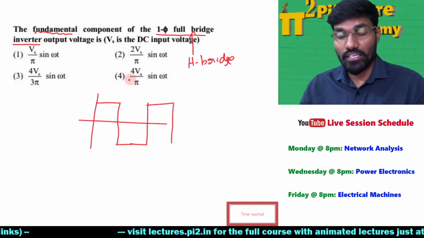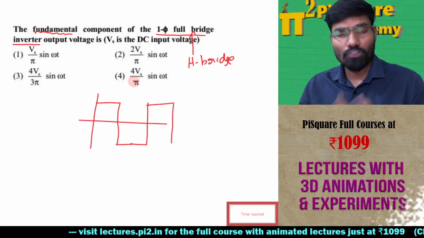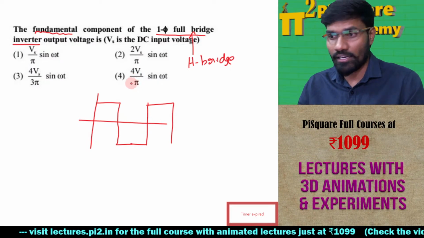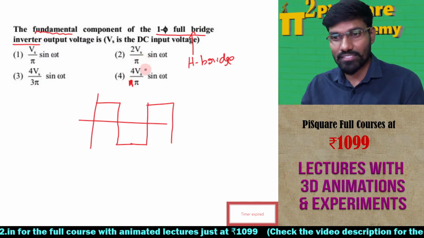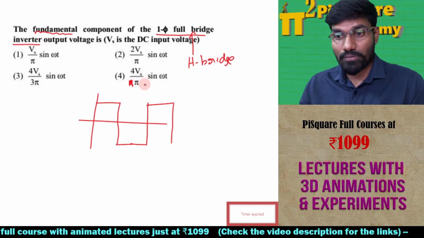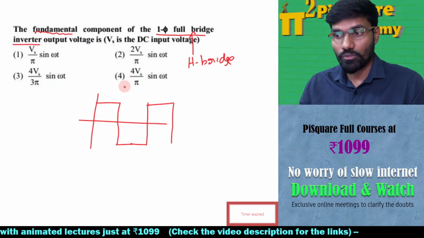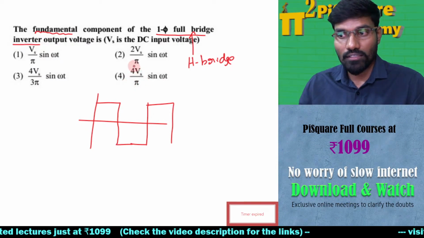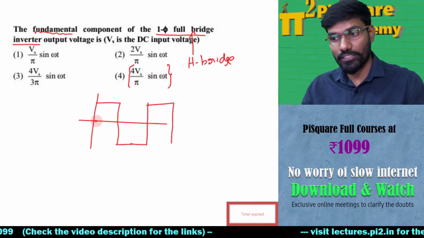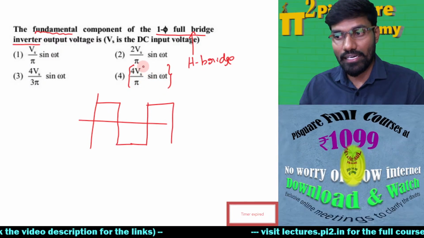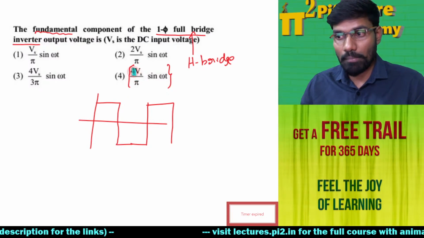Normally you will have an RMS value, or for any nth harmonic, if it is asked, it will be n here. It's a Fourier series expansion. It's a square wave, so for the fundamental, n is equal to 1. This is the fundamental sine component, and this is its maximum value.